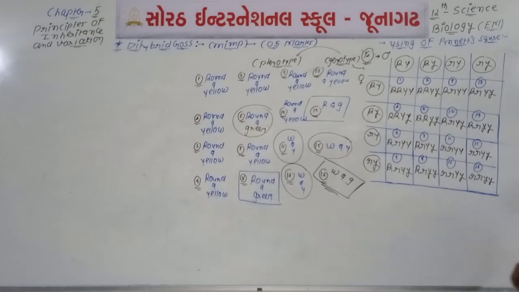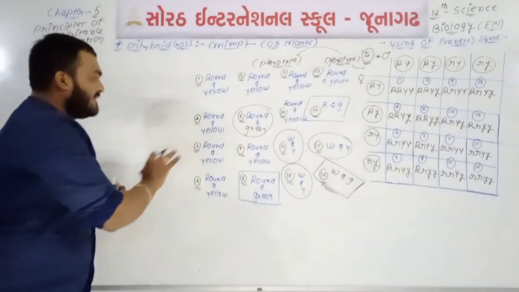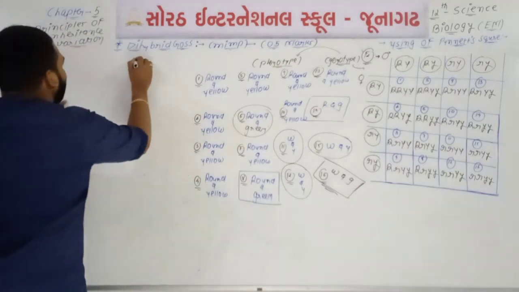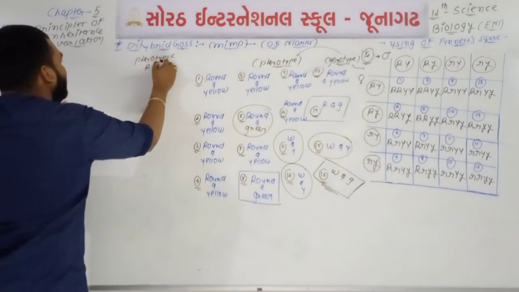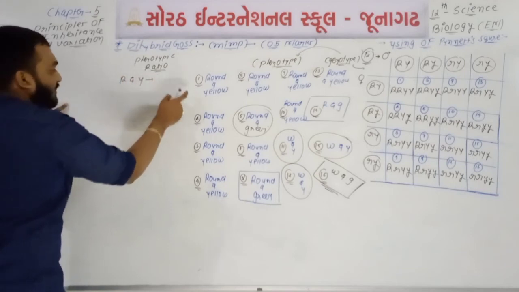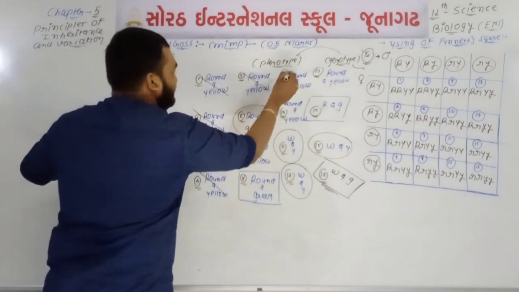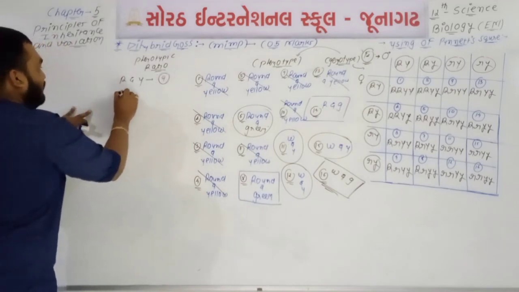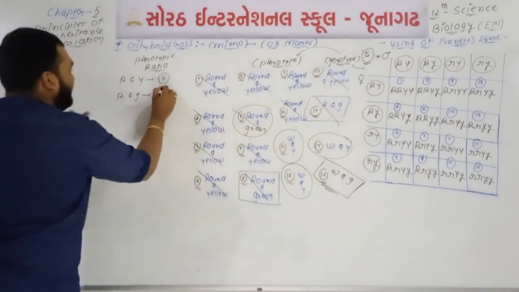So this is what we did, these are all the genotypes and phenotypes. Now if we look at it, you get a total of 4 types of phenotypes. See here, if we talk about the phenotypic ratio, then total round and yellow 1 2 3 4 5 6 7 8 and 9 plants are round and yellow, round and green 1 2 and 3 plants are round and green.